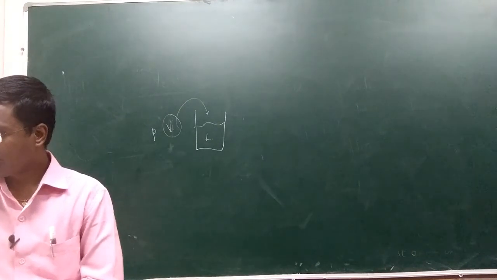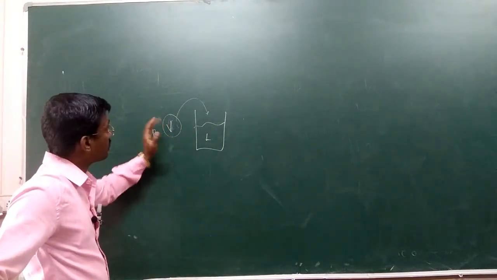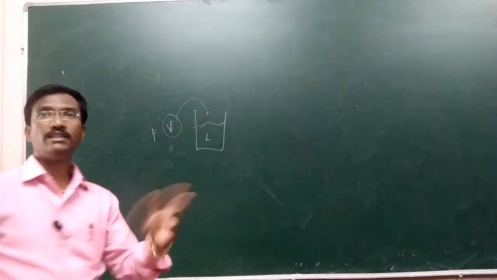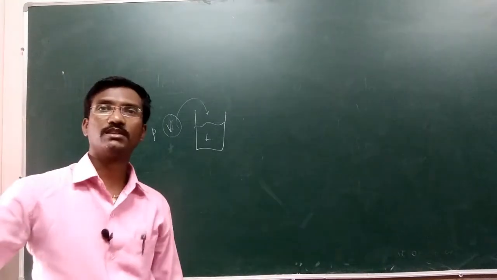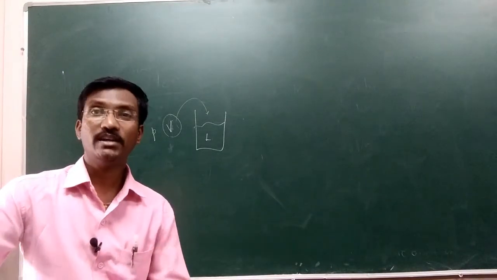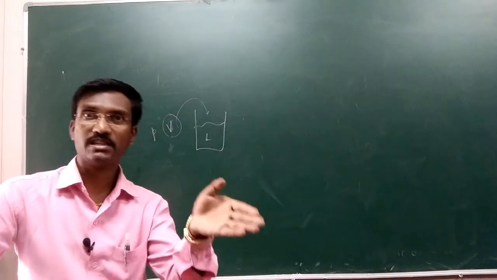So why am I explaining this? Vapor pressure means we are applying pressure on this vapor so that we can dissolve the liquid compound. In the previous Henry's law, we discussed the same concept, but it is based on gases. You should remember that. We apply the partial pressure of the gas on the gas.